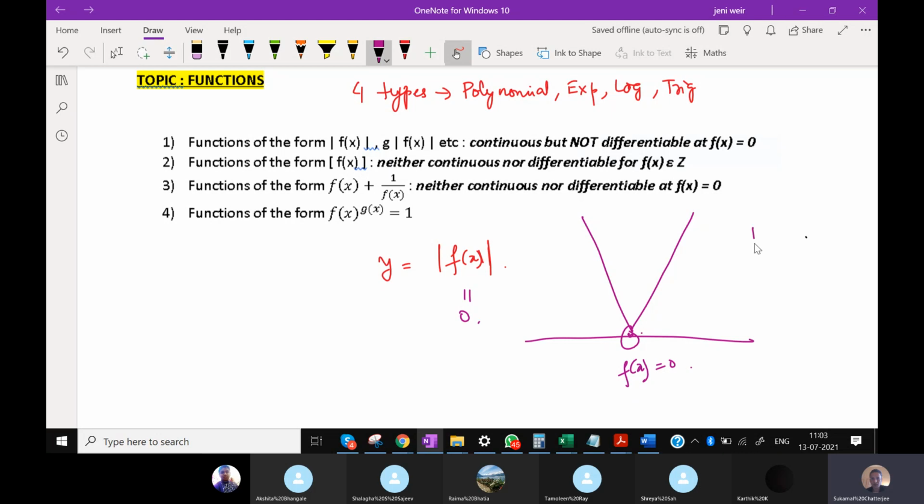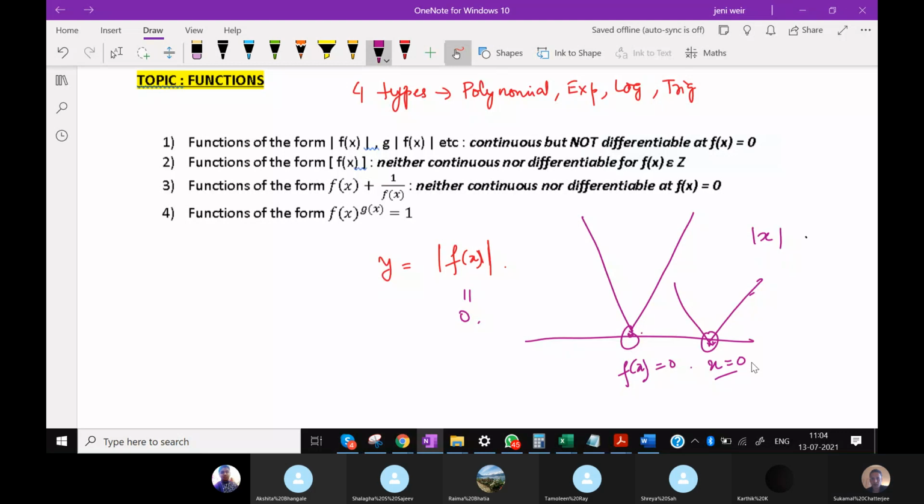So this is in the simplest form. So if you consider the function mod x, then mod x would be non-differentiable when x is equal to 0. So similarly, f of x will be non-differentiable when f of x is equal to 0, but the function will be continuous.